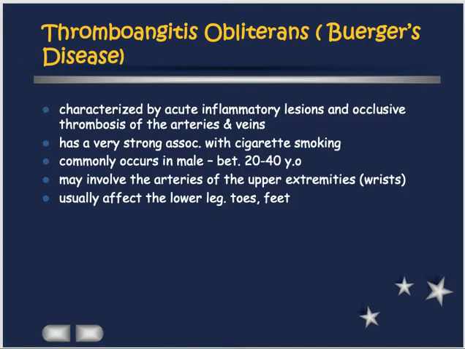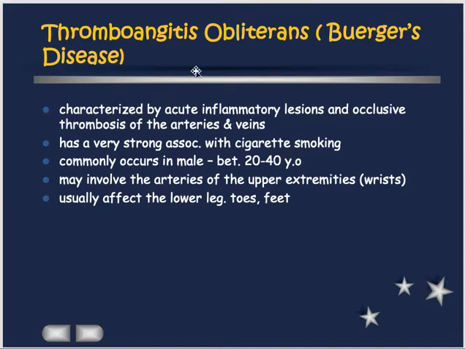I'm not going to talk about this condition in too much detail, but what this condition is called, as you can see, is Thromboangitis Obliterans. It is also called Buerger's disease, right?